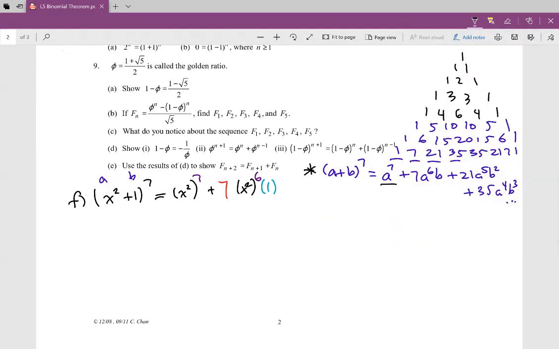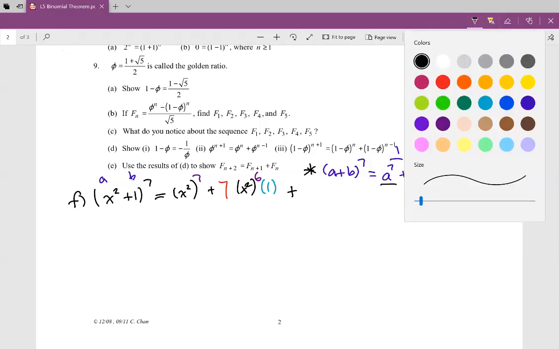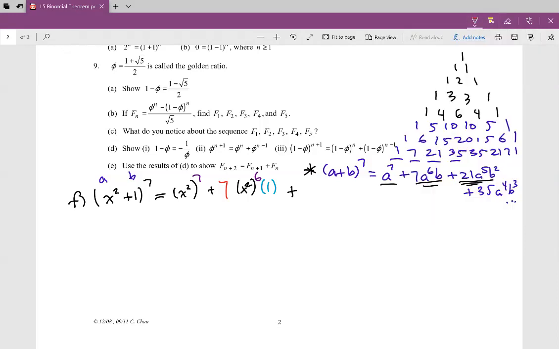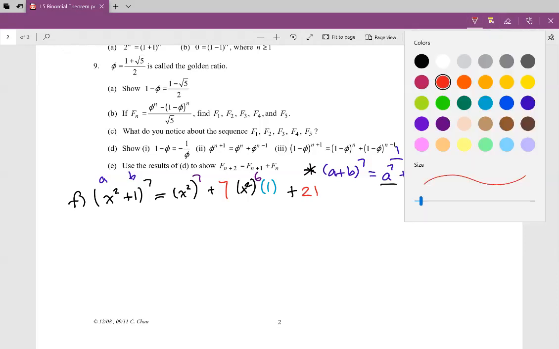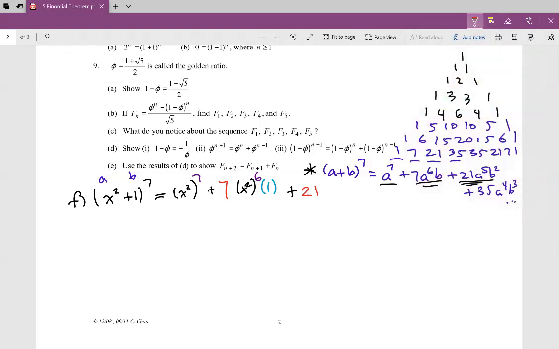Plus the third term. Notice the third term is here, and I'll underline this one with 3 lines. 21, and again, we choose red because that's where we got it from, Pascal's triangle. And then go back to black. Still x squared. Notice we're not finished. We're just taking our time and making that 21a to the 5. So x squared to the 5.